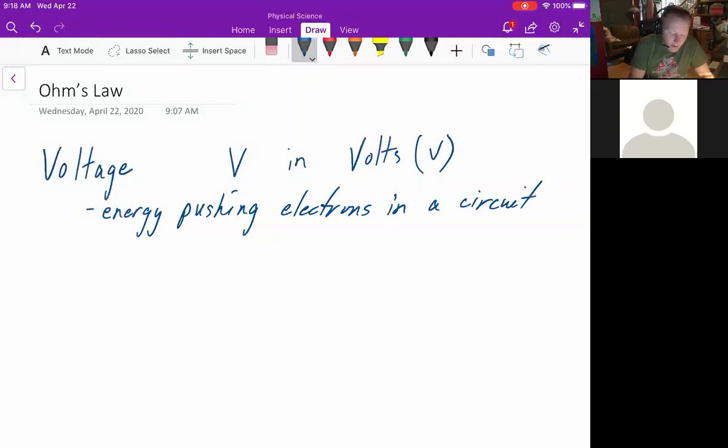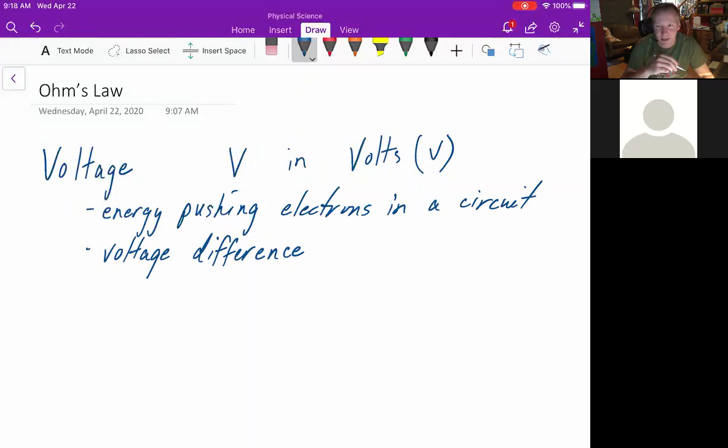We often refer to it as either a voltage difference or a voltage drop. Those all mean the same thing. The difference is usually used when describing a battery, but could be on two sides of a component like a resistor or a light bulb or a toaster or anything.